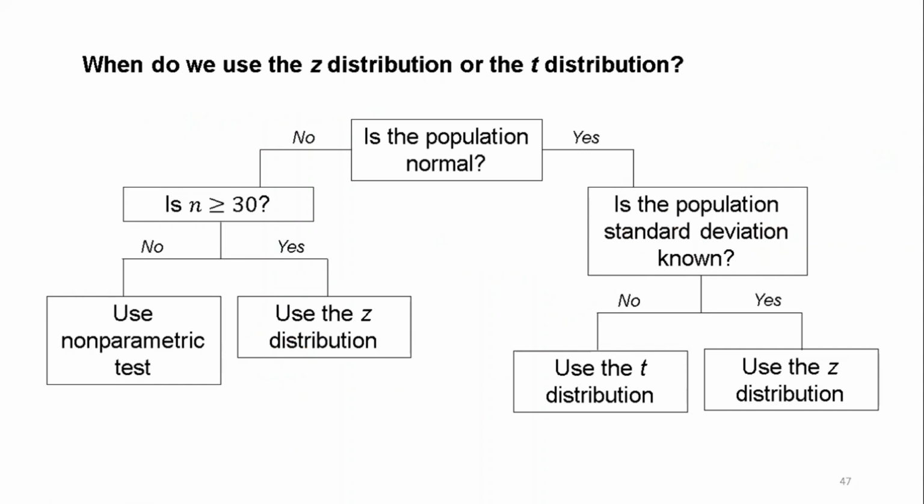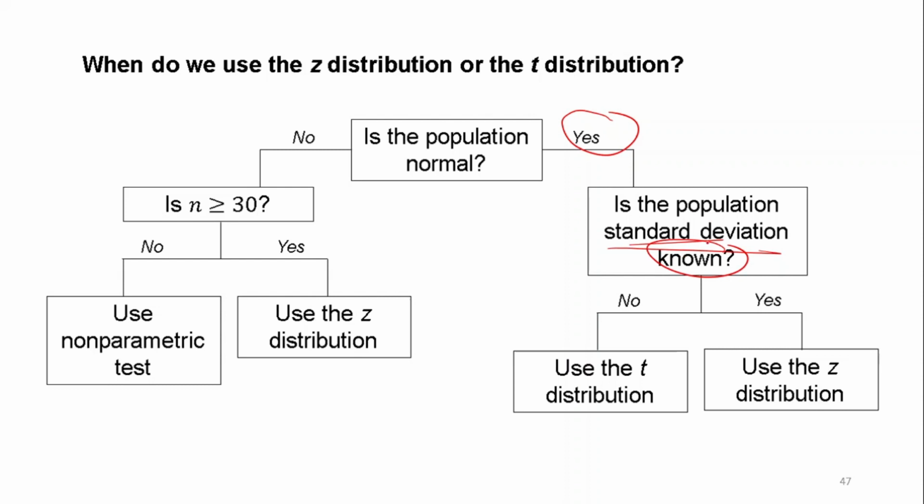When do we use the Z distribution or the T distribution? First, you need to identify whether your population is normal or not normal. If your distribution is normal, you need to check whether your standard deviation is known or unknown.